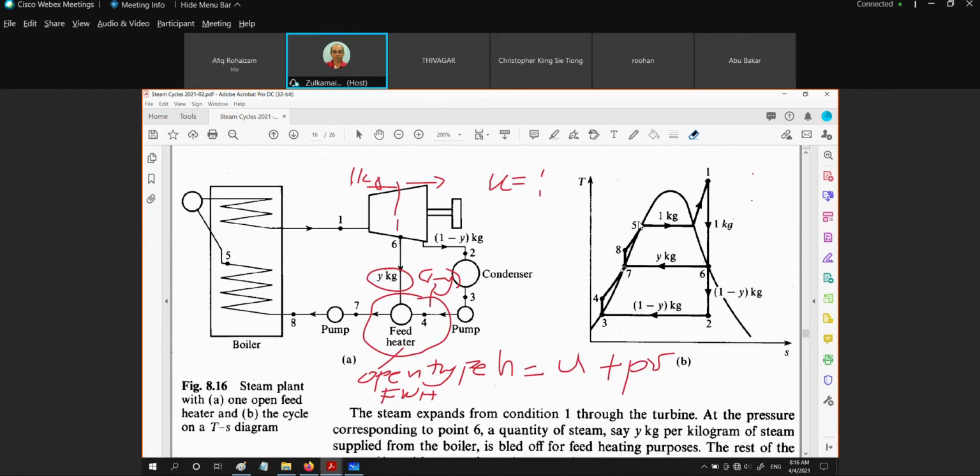See, we increase the temperature at point 8. Therefore, what we have right here is an average temperature of 8, 5, and 1. That is the method used in order to get the increase in thermal efficiency of this plant.